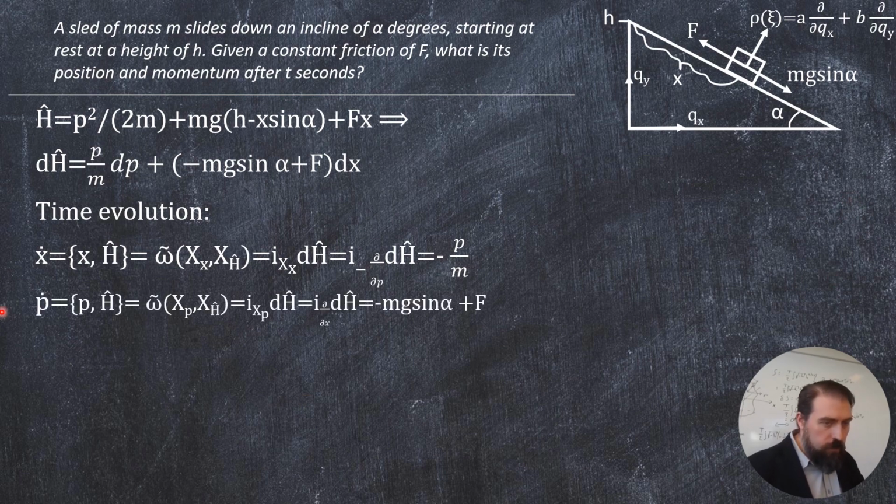P dot will similarly be the Poisson bracket of p with h hat, equals the symplectic form of x_p and x_h hat, and this equals the interior product again, but with the Hamiltonian vector field being the one with respect to momentum, and that's just del x.